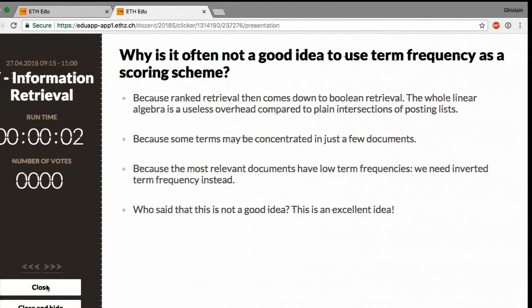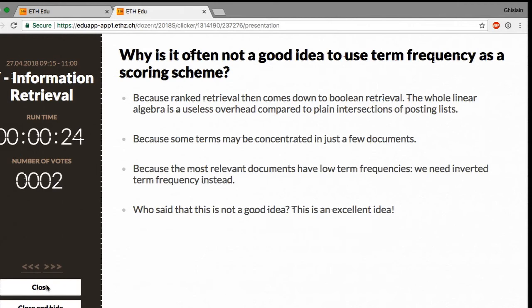So the first answer is that ranked retrieval, if we use term frequency, comes down to Boolean retrieval. We are just doing exactly the same thing as before, because the whole linear algebra will be completely useless compared to plain intersections of posting lists. Or maybe that's not the reason.